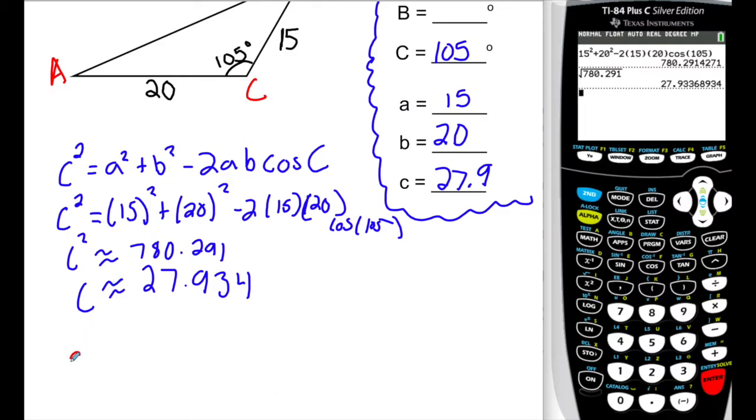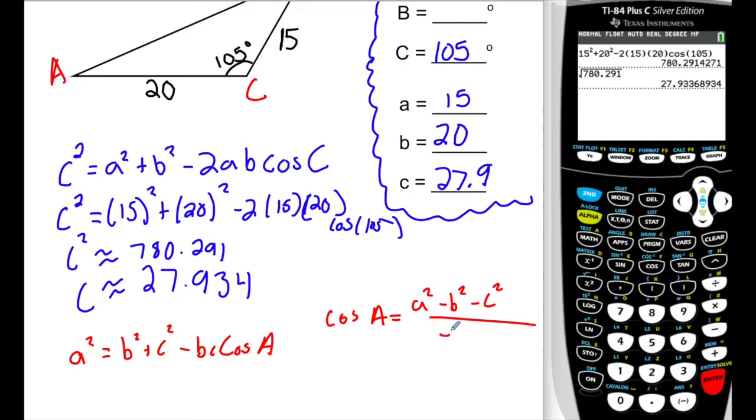So what I know is that A squared equals B squared plus C squared minus 2BC cosine of A. And what we learned by the law of cosines is that cosine of A equals A squared minus B squared minus C squared over negative 2BC, right? We got that by getting A alone in the law of cosines equation.